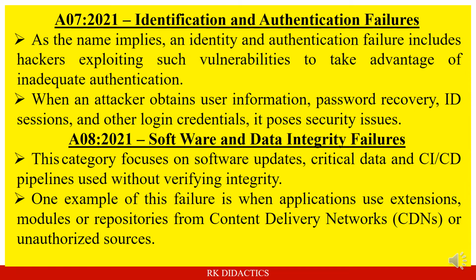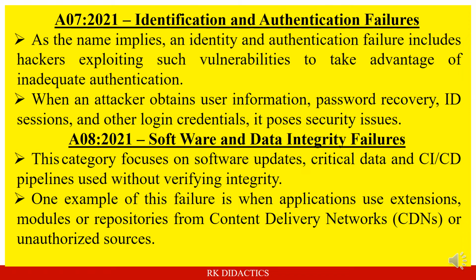Then next security risk is software and data integrity failures. This category focuses on software updates, critical data and CI/CD pipeline used without verifying integrity. So CI/CD मतलब continuous integration and continuous development for any software. So this includes continuous system updates.